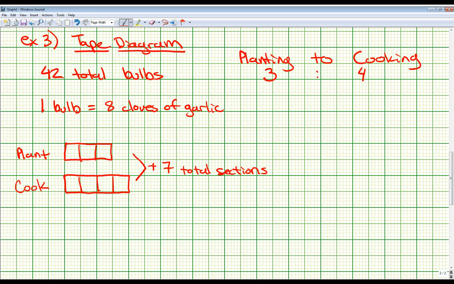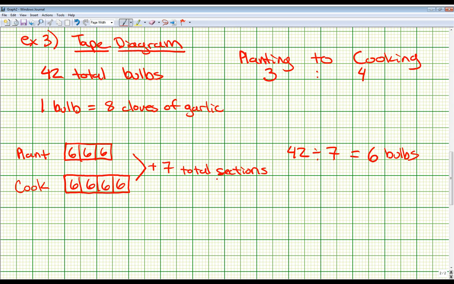And if I look up here and I have 42 total bulbs, I can take my number of bulbs and divide by 7 sections to get how much is going to be in each section. So 42 divided by 7 will be 6, which means that there is going to be 6 bulbs in each of my tape sections. So I can put a little 6 in each and every one of these boxes.